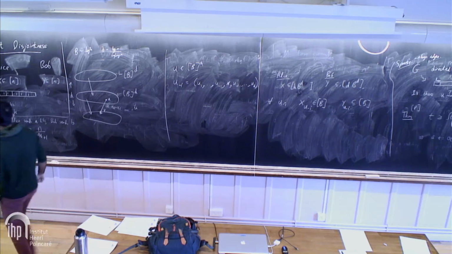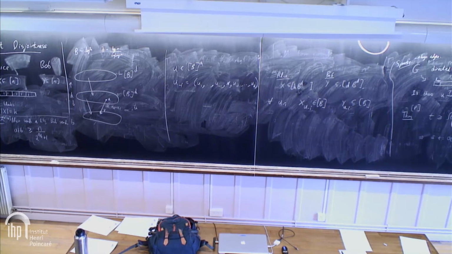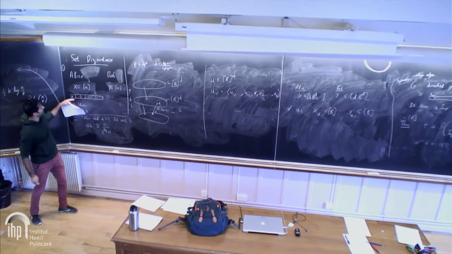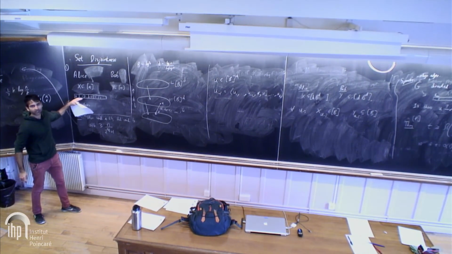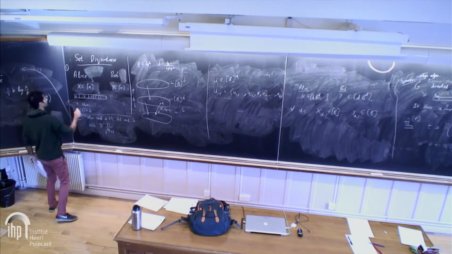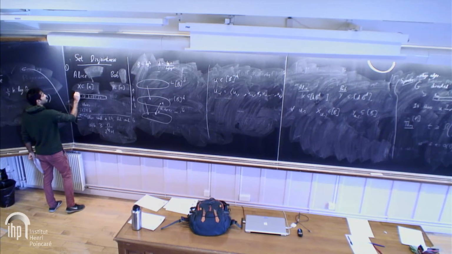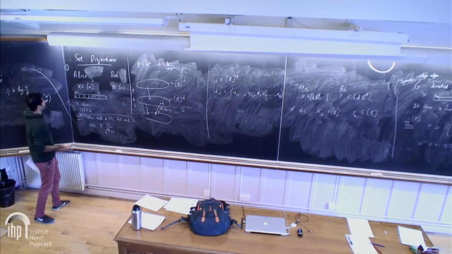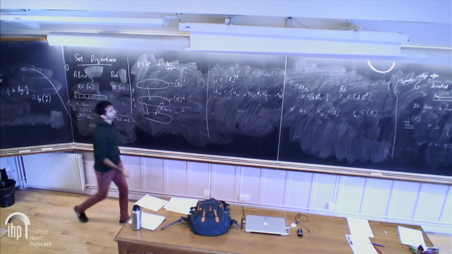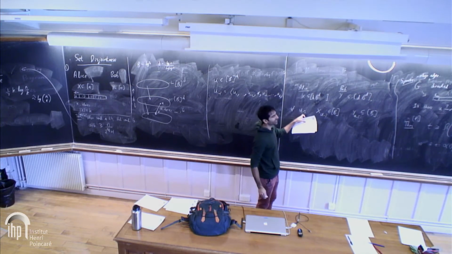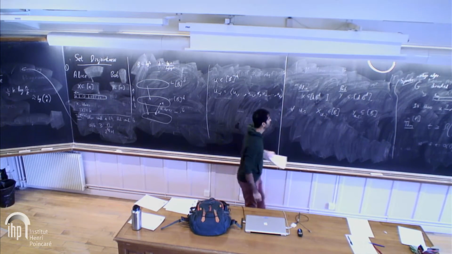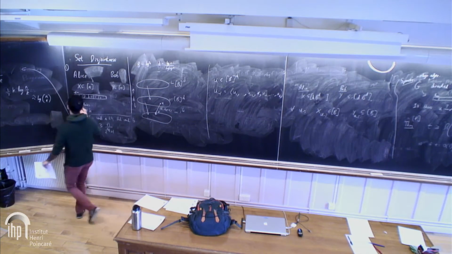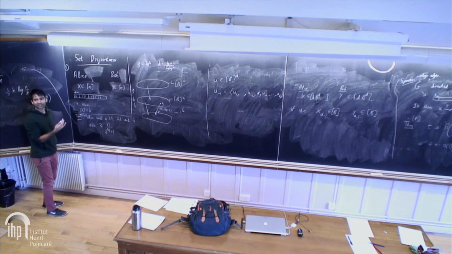Let me go back to this picture and explain what's going on. Alice and Bob are supposed to get sets that look like this. Alice has one element out of every block, and in this reduction the size of each block is B. The number of blocks is exactly the number of strings u minus i that you can have, so each block corresponds to u minus i for some u.